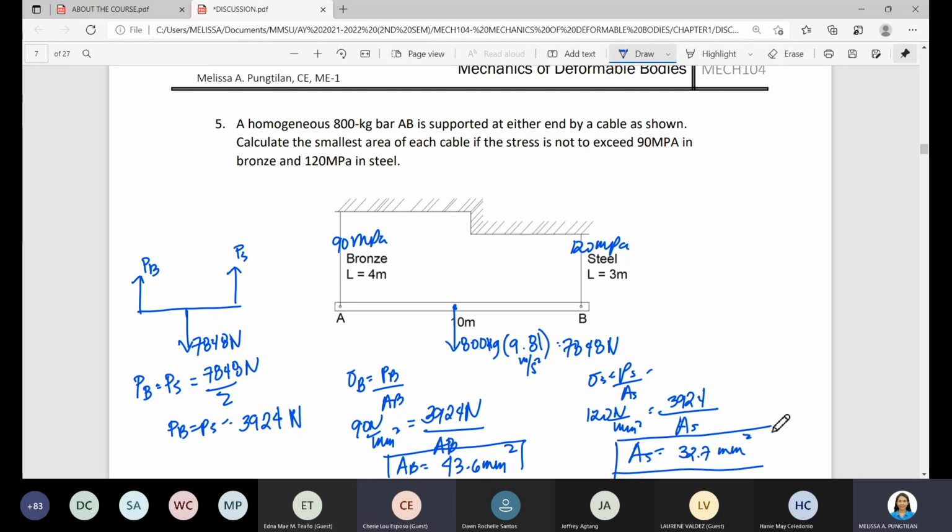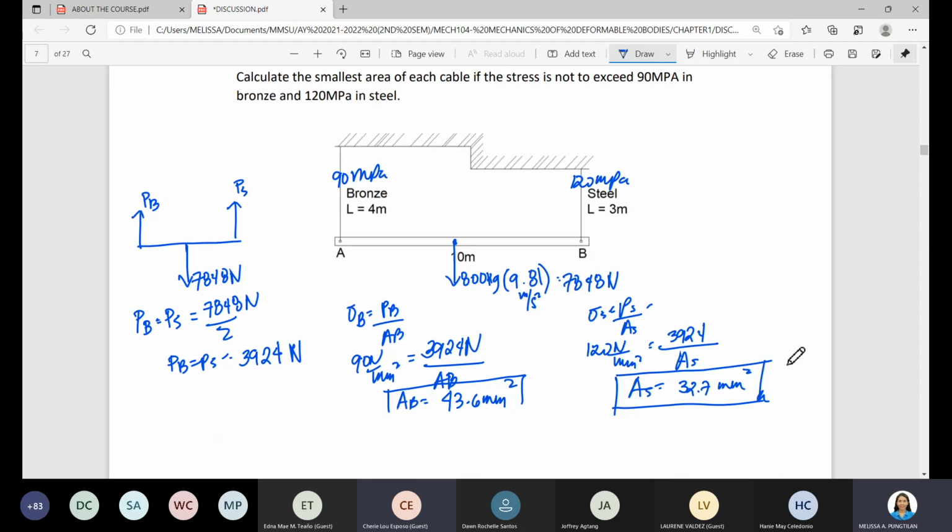So, yan. So, that is for number 5. So, proceed na tayo sa example number 6.